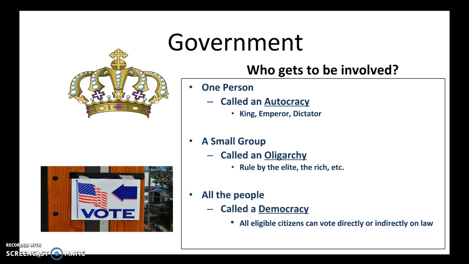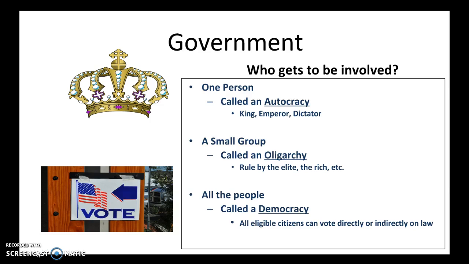All right, next let's talk about how the system of government for a state can be organized in different ways. The first way that governments can be different is in terms of who gets to hold the power in that government. There's lots of options. Different countries do it different ways. And it really has to do with which people or how many people get to be involved in the decision-making process.